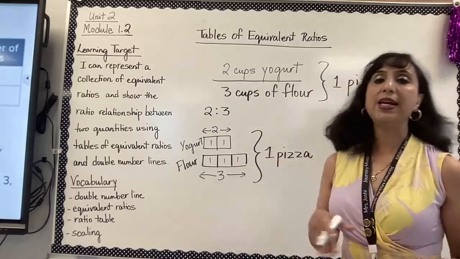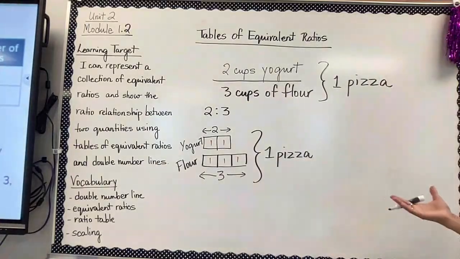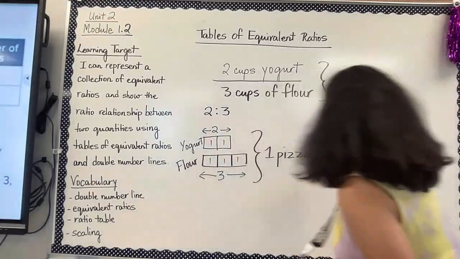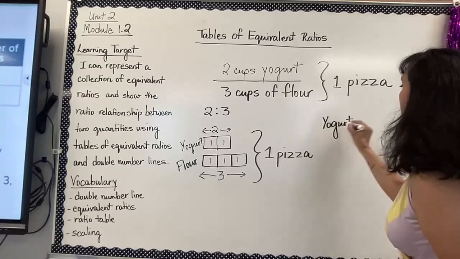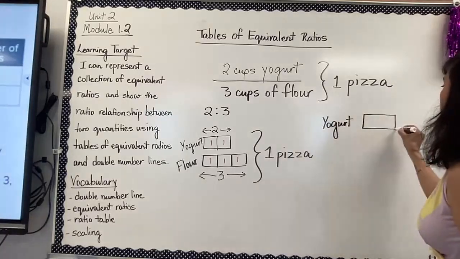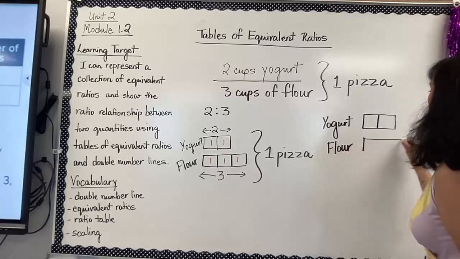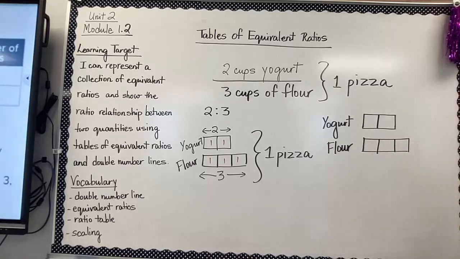All right. So we need to maintain the same ratio for 2 pizzas, for 3 pizzas, etc. So I'm just going to show you with a bar diagram. And if this is for 1 pizza, for 2 pizzas, what do I need to do? I'm just going to take the same amount. So we have yogurt, 2 parts, and then we have flour, 3 parts, that's my ratio, right? Now, for 2 pizzas, I am going to double the amount, okay?